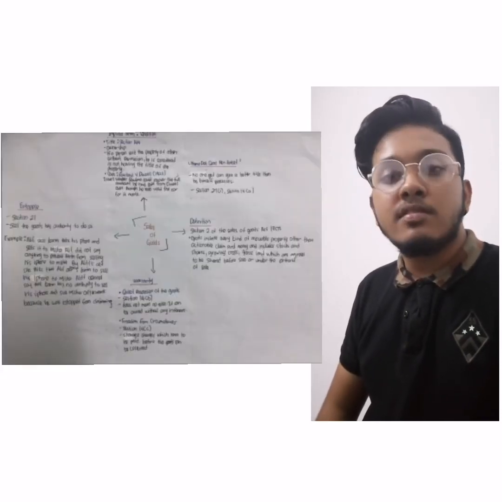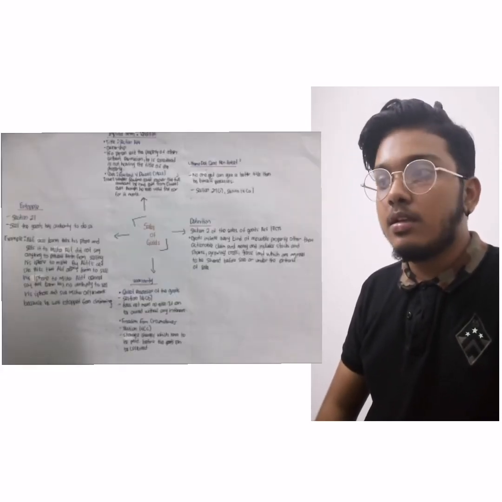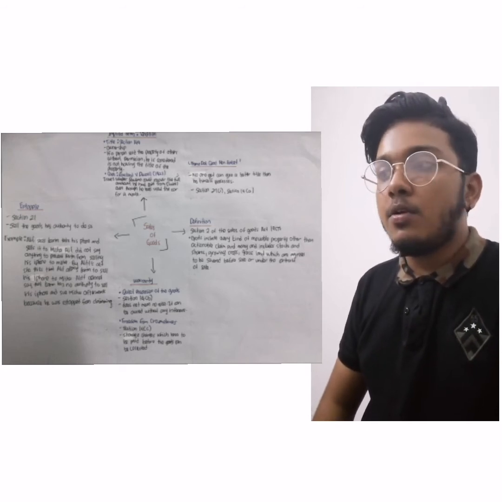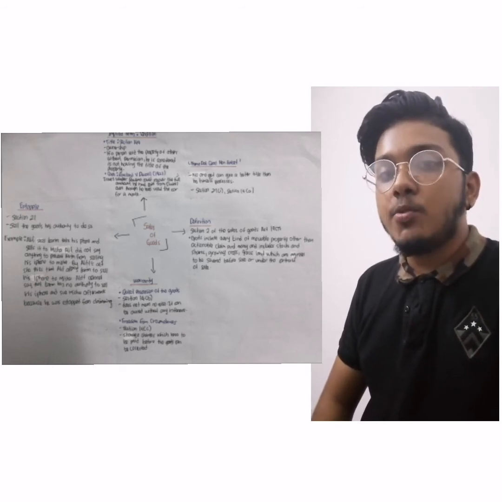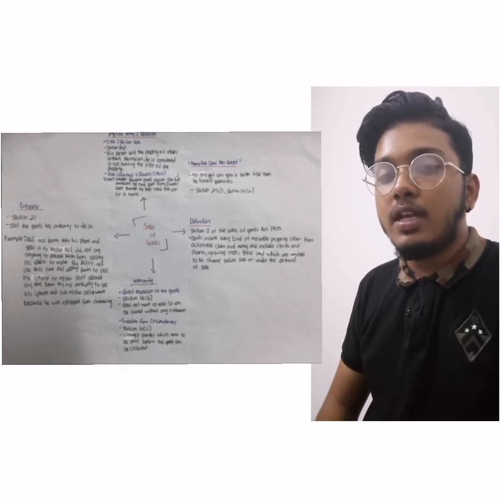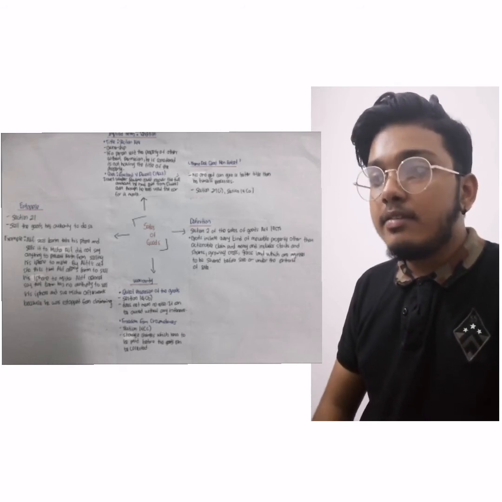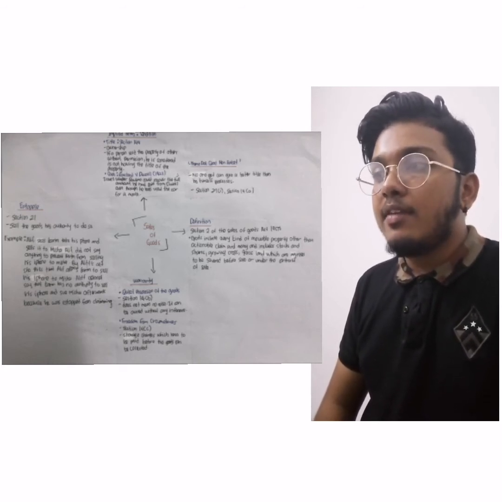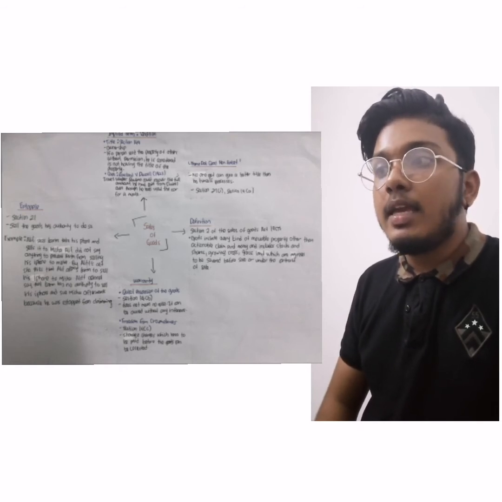Now I want to present about the last chapter of business law, sale of goods. Nemo dat quod non habet. Based on section 27(1) and section 14(a), that means no one can give a better title than he himself possesses.